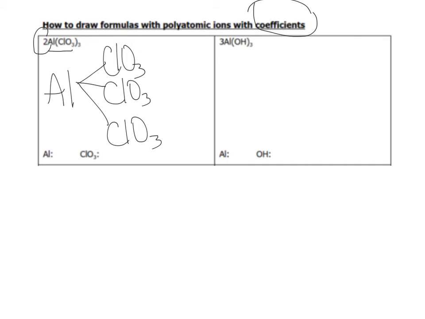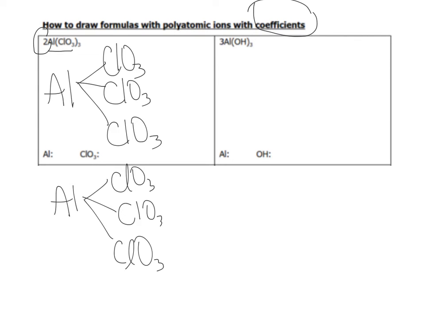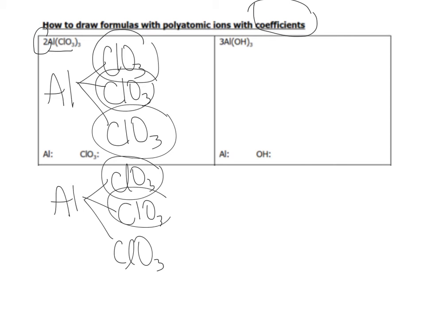When I have a coefficient of 2, I need to write this a second time. And before I do my count, I circle all my groups, and I can easily see I have 2 Als and I have 6 groups of ClO3.